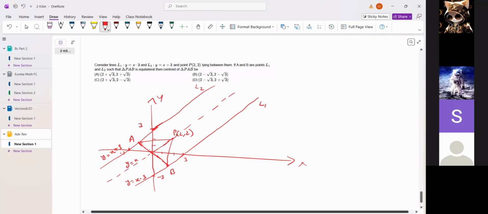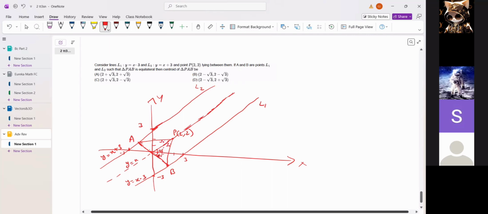So at present, y equal to x as a line will make 45 degrees with the x-axis. So we are more worried about another line which will make 90 degrees, because that is what we are expecting, no? Because in an equilateral triangle, the altitude will act as the median, angle bisector, everything. It will be 30, 30.